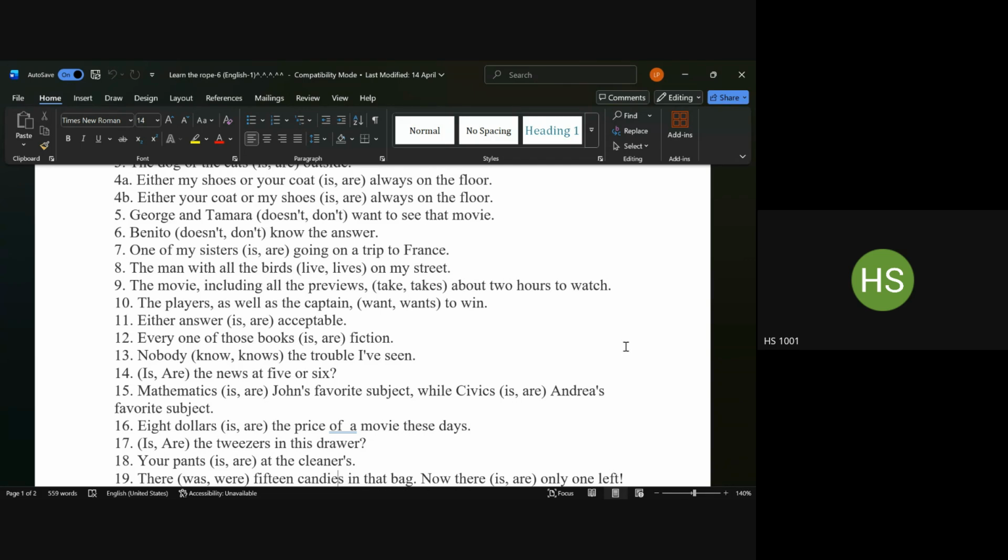When I say the players as well as the captain, if you remove the players and take only the second part, as well as the captain wants to win, is that a grammatical sentence? No, it's incomplete. But I can remove as well as the captain and have a good sentence. I can say the players want to win. That's a grammatical sentence.